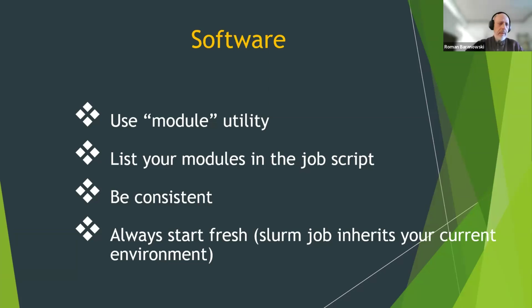Almost everywhere, we are offering multiple compilers and multiple versions of the compilers, multiple versions of Python, multiple versions of other packages, which are basically your base to build your environment.